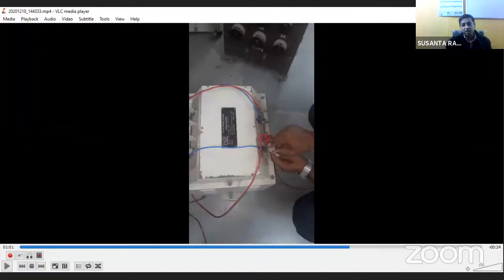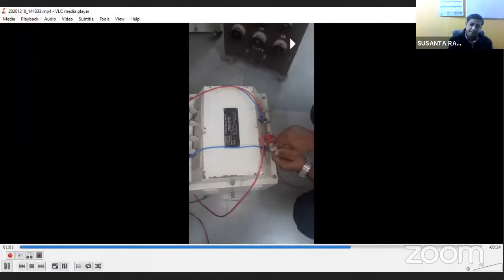So if he connects 1 and 2 by a wire, that means he is directly short circuiting that coil. Not only that coil, the other coil which is connected in parallel to it will also be short circuited, because current will always try to follow the lowest impedance path, isn't it? So both the coils which are connected in parallel at the low voltage side will be short circuited by this process.